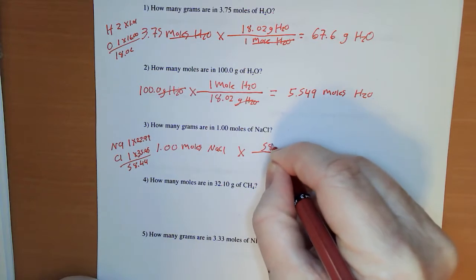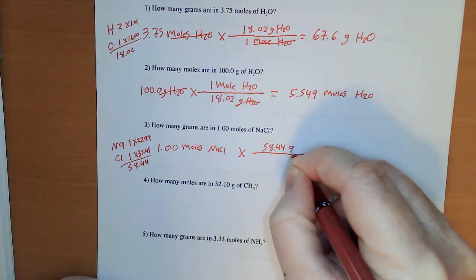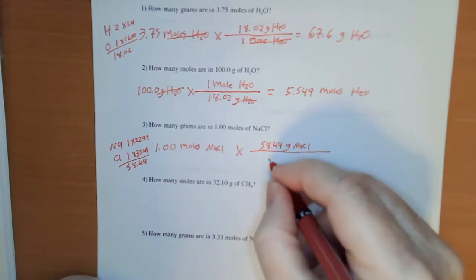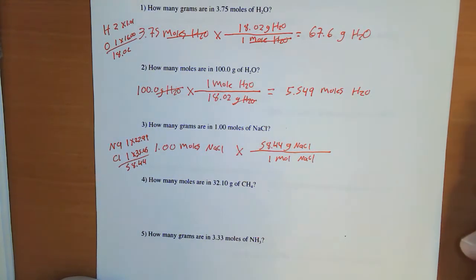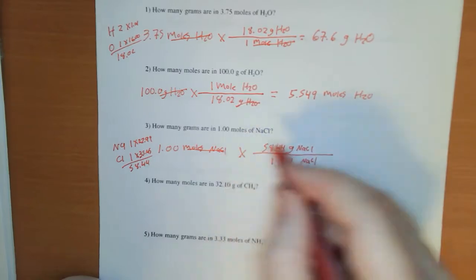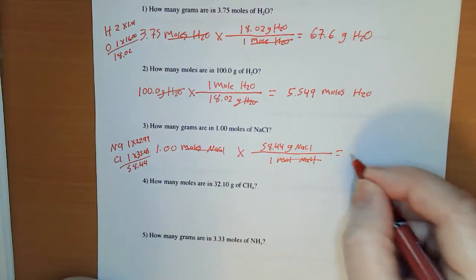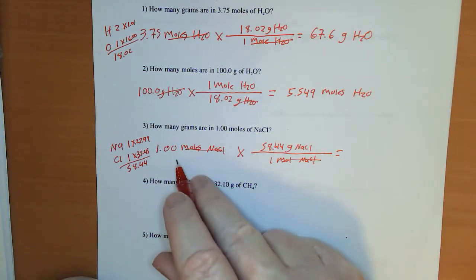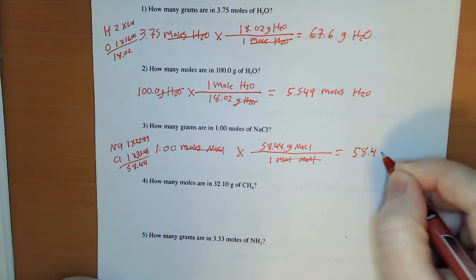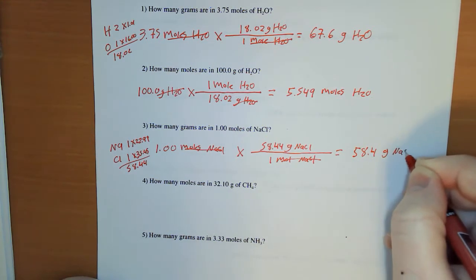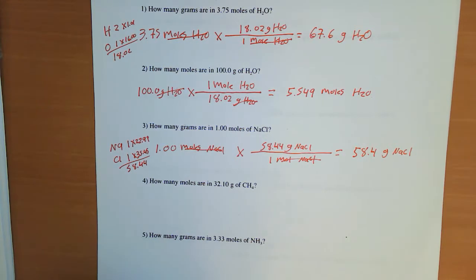So upstairs, 58.44 grams NaCl, 1 mole NaCl. Works out nicely that those cancel. Now, because of sig figs, even though I'm multiplying by 1, my answer is just 58.4 grams NaCl, because my answer needs to have 3 sig figs.